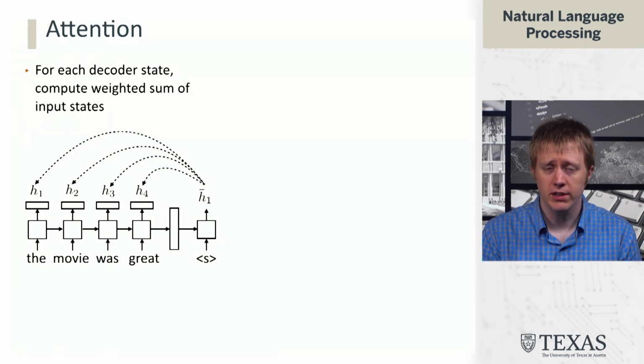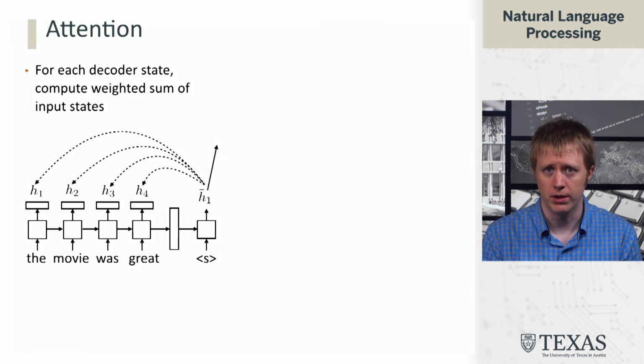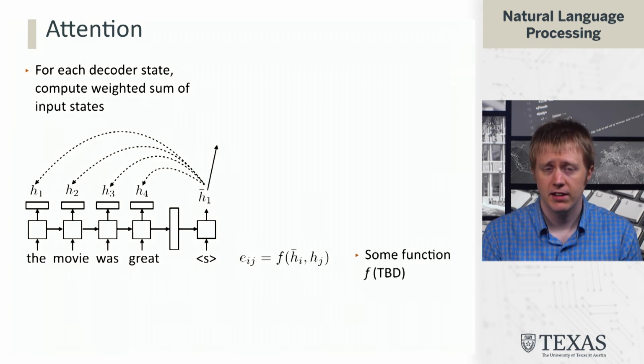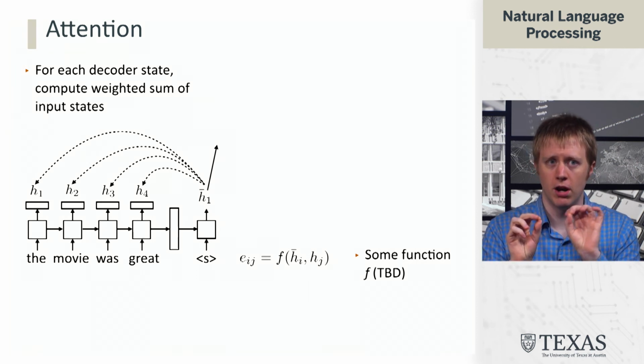And we're going to compare h bar 1 with each of these h_j in the input. And that is going to give us a set of scores that we're going to compute using some function. And we're going to refer to these scores as e_ij. So in this case, we have a bunch of scores e_1j because we're at the first time step in the decoder, and we are letting j range over all of the positions in the input here.